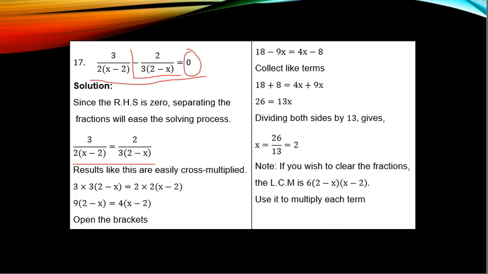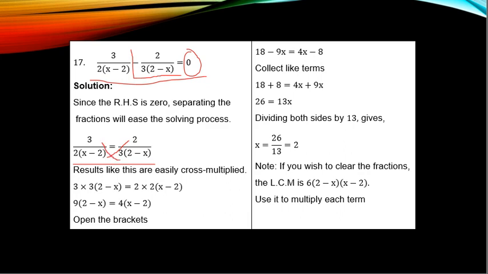Before now, in lesson 1 and 2, I said you have to clear the fractions in order to solve the equation easily, and when doing that, you multiply each term by the LCM. Now, you can actually clear the fractions by multiplying through by the LCM of the denominators. But for problems of this form, the best approach is to cross multiply.